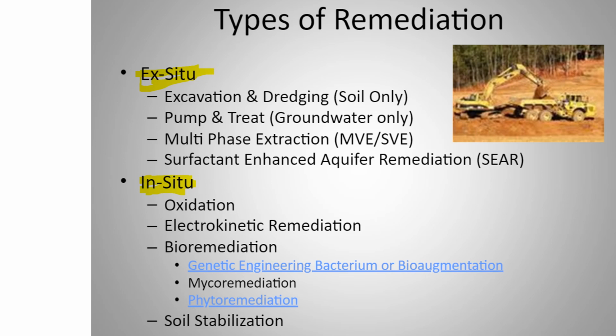So ex-situ primarily involves excavation, that is, you dig up the soil, you treat it, and you bring it back. And similarly for groundwater, you pump them and treat them. In cases of underground water aquifers and underground subsurface soil sediments, you can use multi-phase extraction techniques wherein you extract contaminating gas, pollutants, or metal elements.